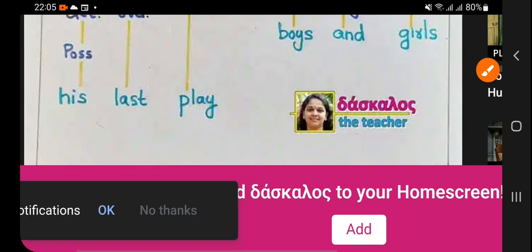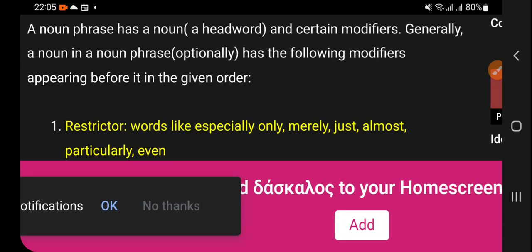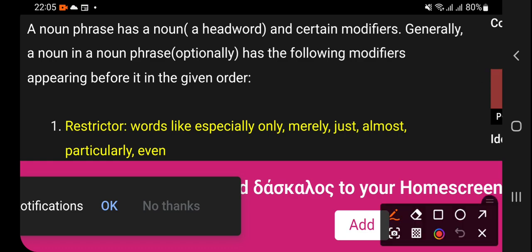Next, a noun phrase has a noun, a head word. Of course, noun phrase means a noun must be there, and that is called the head word, and certain modifiers. I told you modifiers are pronouns, adjectives.